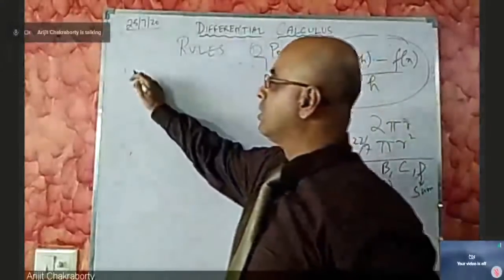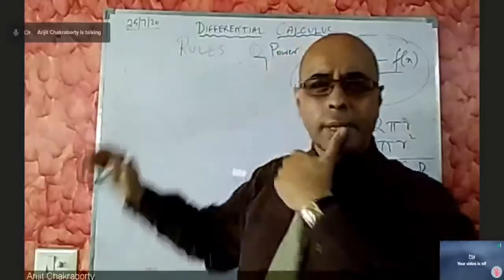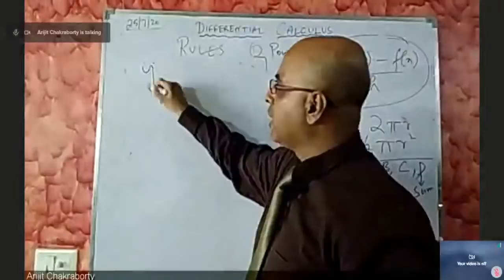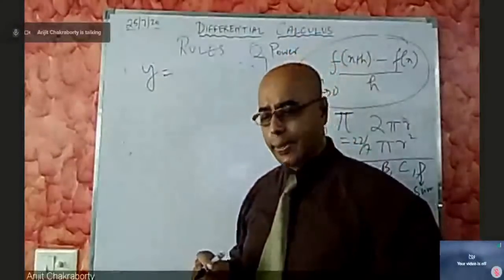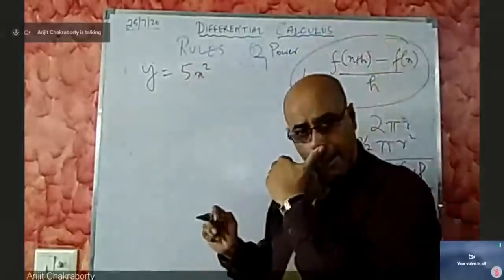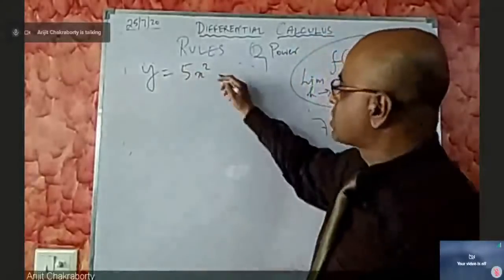Let us take this example: y is equal to 5x squared plus 7x minus 6.